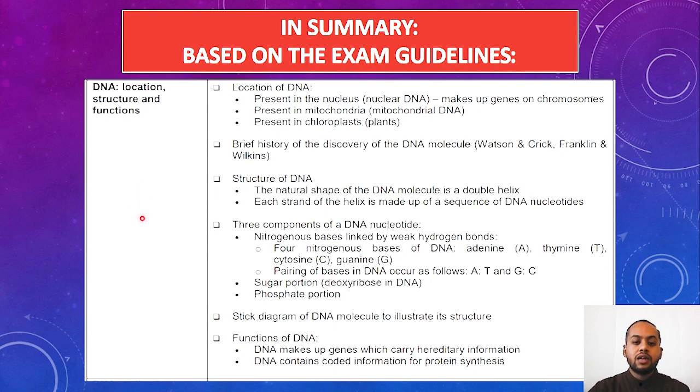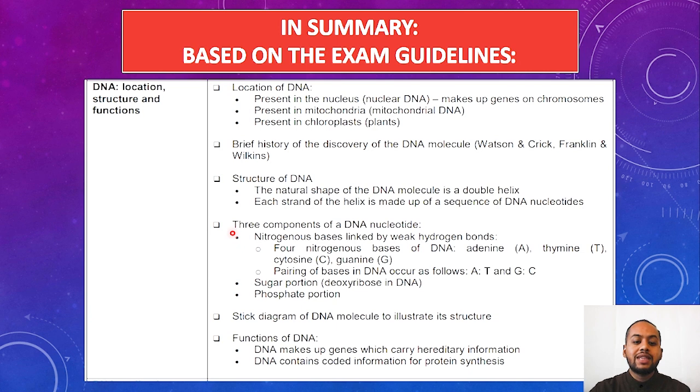So in summary, this video discussed the location, structure, and functions of DNA. We looked at the location, present in the nucleus, mitochondria, and chloroplasts in plants. We looked at the brief history and discovery of the DNA molecule, and the structure of the DNA molecule. The natural shape is a double helix. Each strand is made up of a sequence of DNA nucleotides.